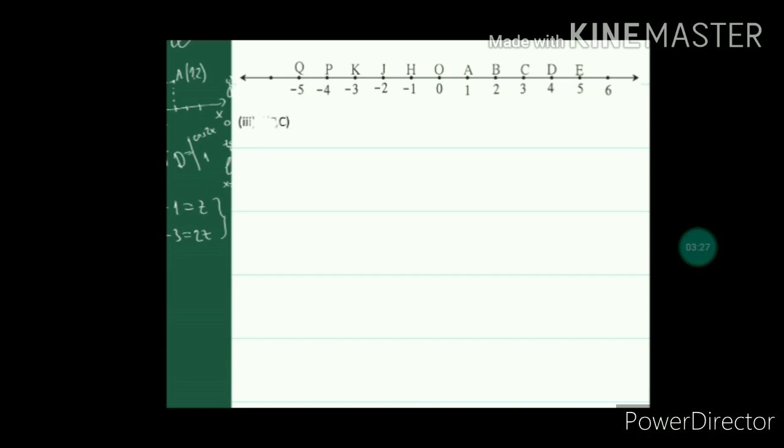Distance from J to A is equal to 3. Let us see another example. Distance of PC. Here, coordinate of P is minus 4 and coordinate of C is 3. Therefore, P is less than C. Therefore, distance of PC is equal to coordinate of C minus coordinate of P. Coordinate of C is 3 minus in bracket coordinate of P is minus 4.